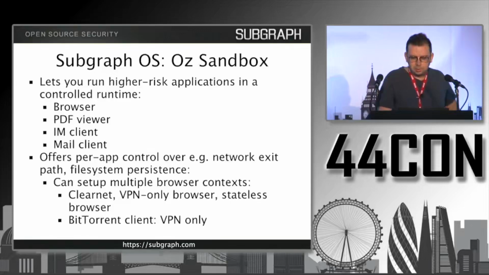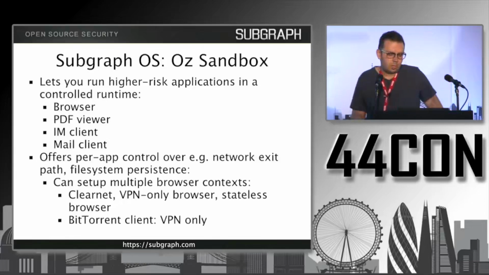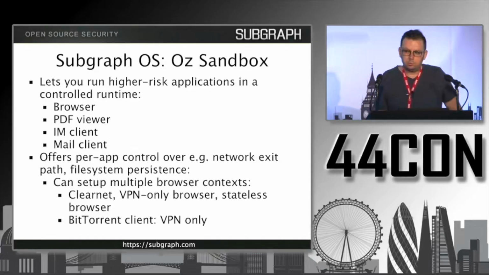Another thing we did is our sandbox. The sandbox uses Linux kernel isolation primitives, the same ones Docker uses, so namespaces, things like that. We run sensitive applications in sandboxes, so browser, PDF viewer, chat clients, mail clients, and this offers per sandbox control over how these things do or don't leave the network.